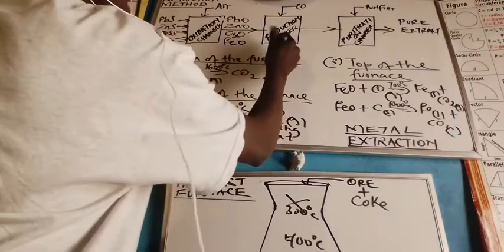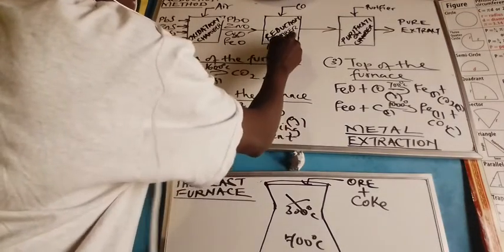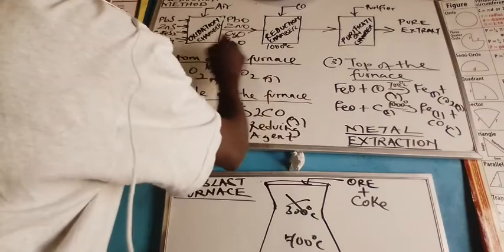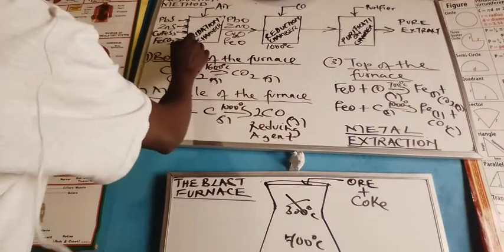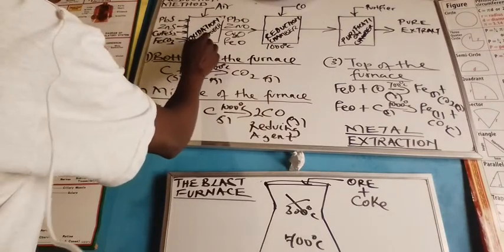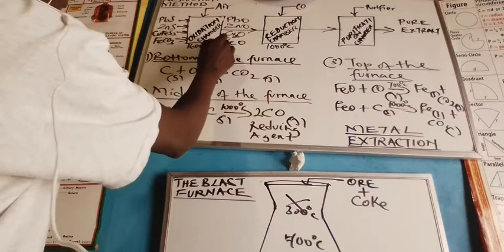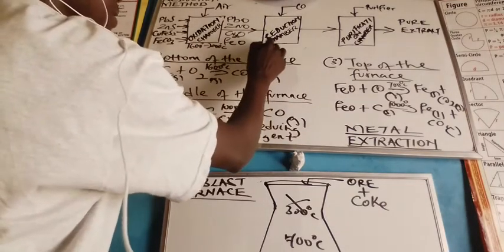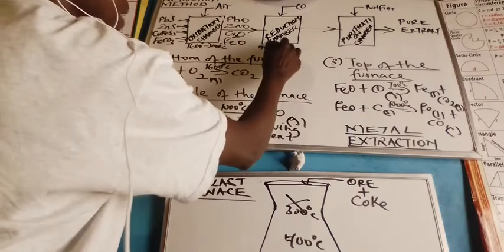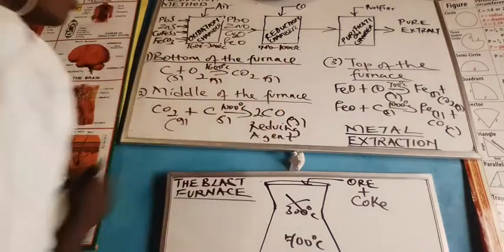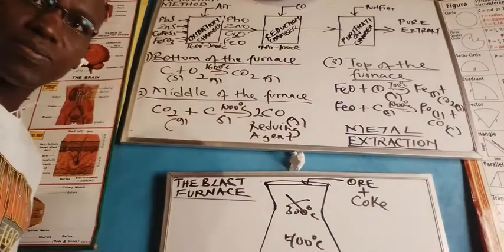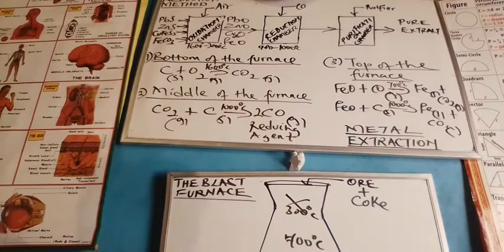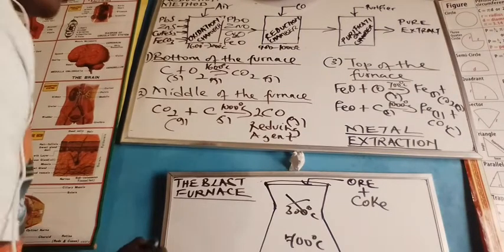This is roughly at 1000 degrees Celsius. And the combustion is between 1600 degrees to 2000 degrees Celsius. This will be between 700 to 1000 degrees Celsius. So each metal ore has been oxidized, but in the second step, the oxidized ore is being reduced.